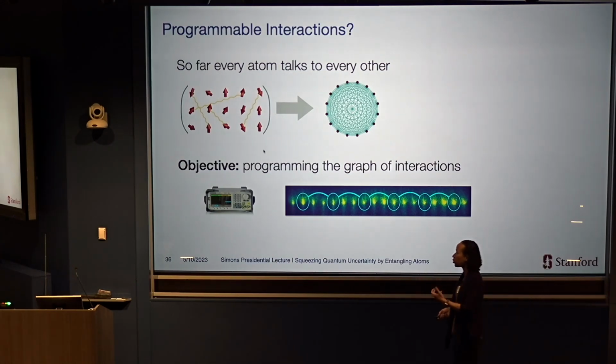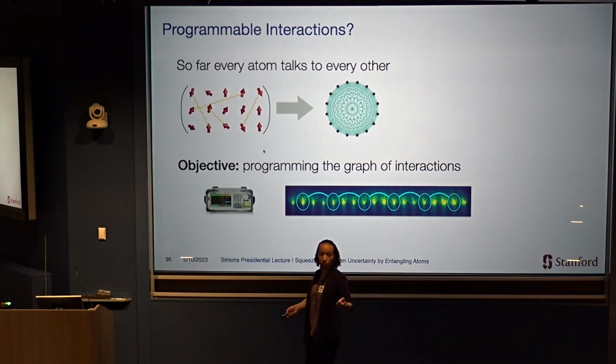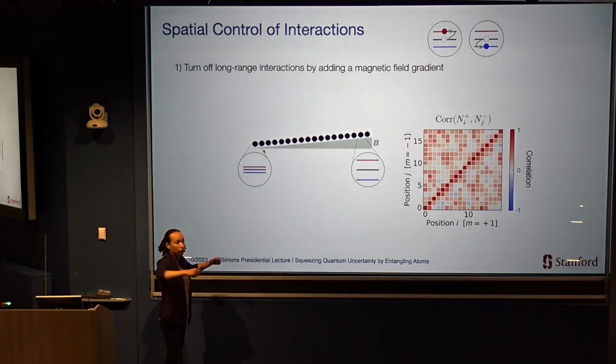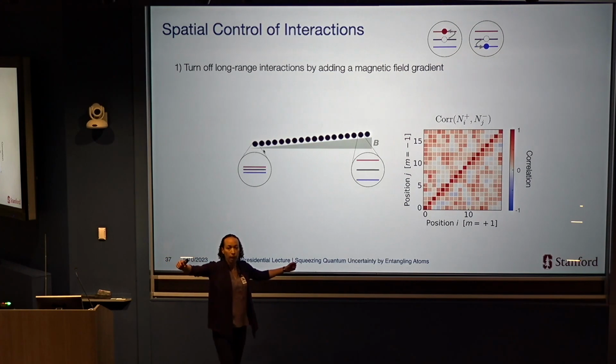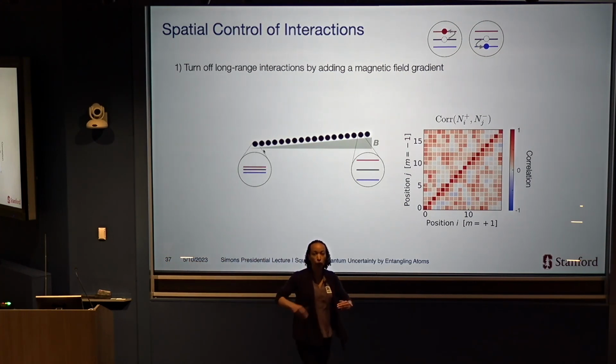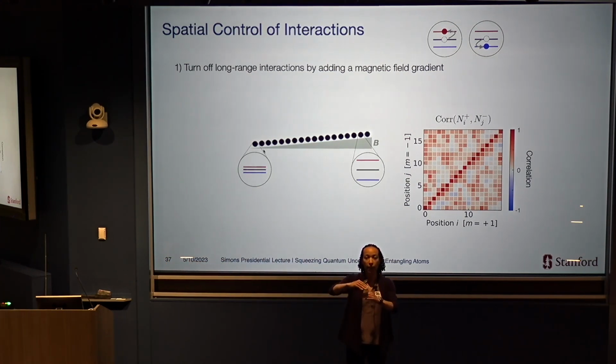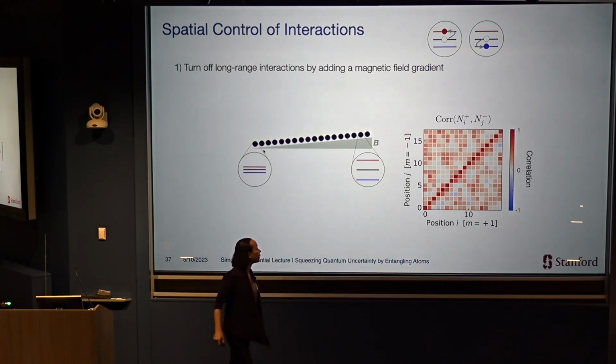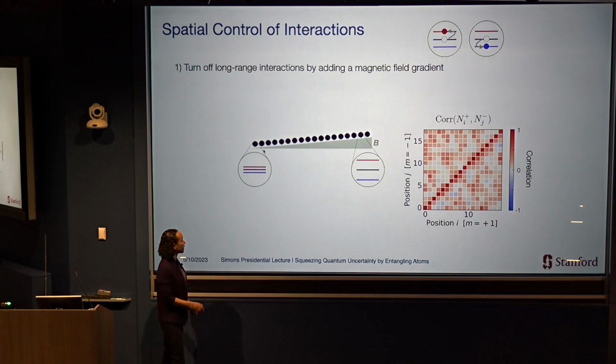But the first thing we need to do is actually make the position of the atom matter, right? And one way that we can do that is applying a magnetic field gradient across the system, so that the energy splitting between these three magnetic states, -1, 0, and +1, depends on the position in the resonator, on the position in the array.